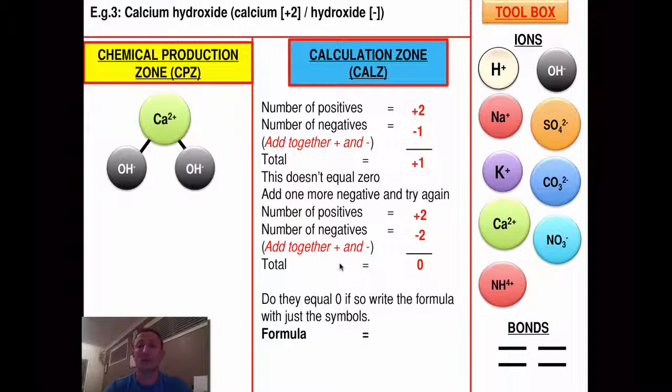We've got 2 OH-. So the formula for calcium hydroxide is Ca(OH)2. That means we've got 2 OH ions joined to 1 calcium ion.